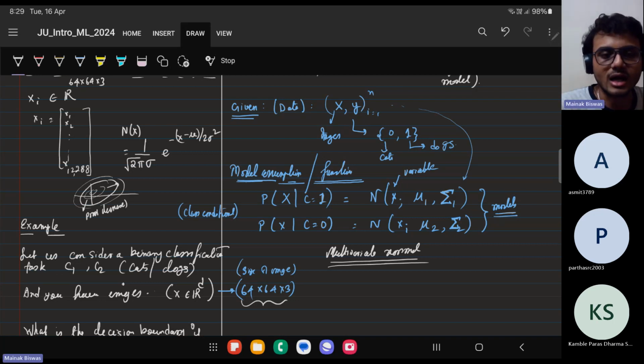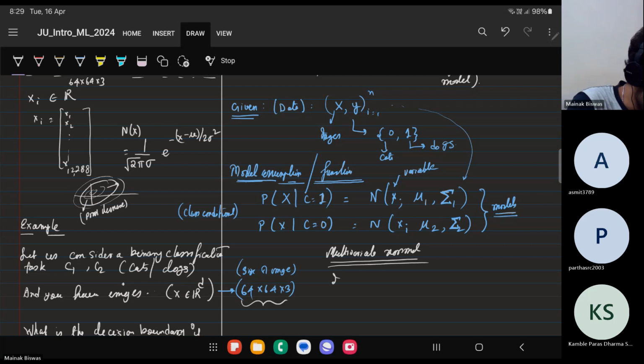First, if I ask you, if the x_i's were independent, then what would you say? What would be the probability distribution of X?